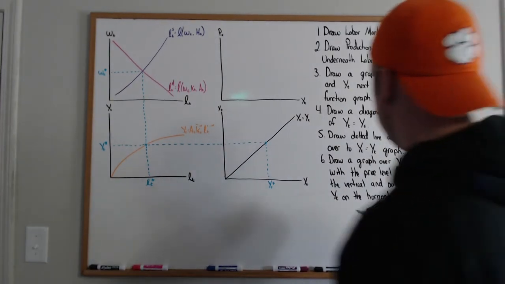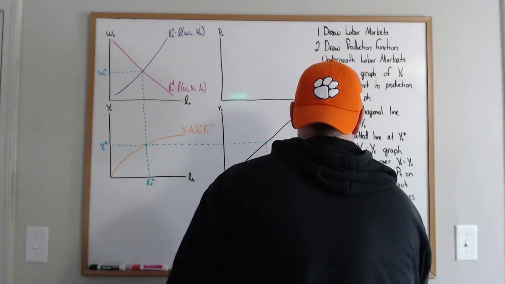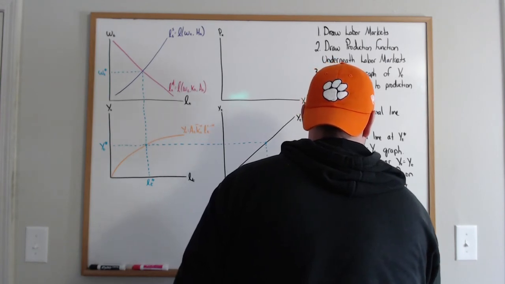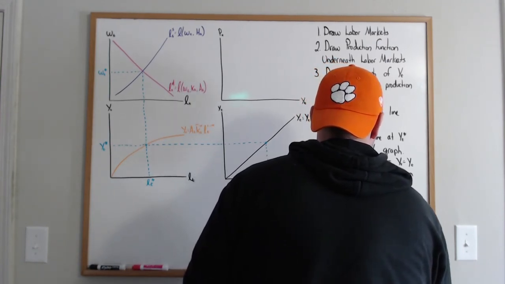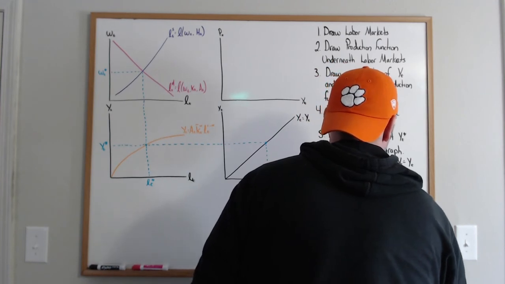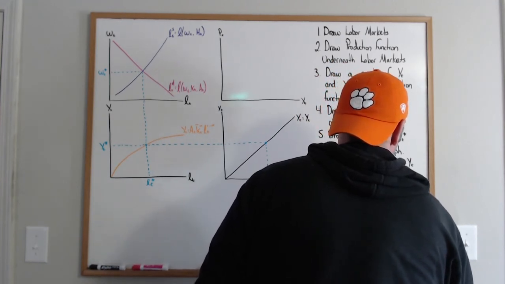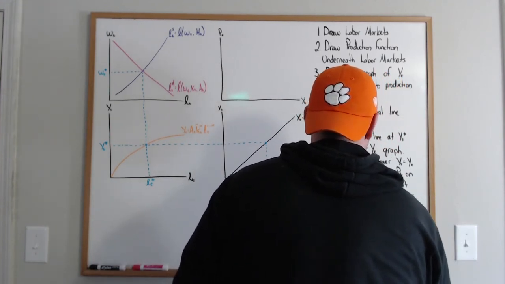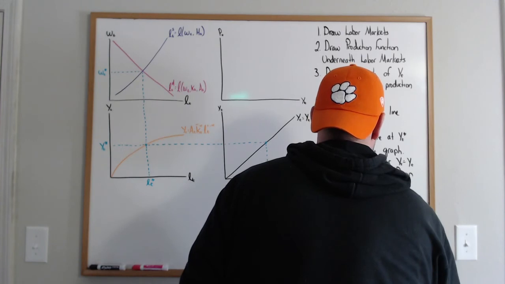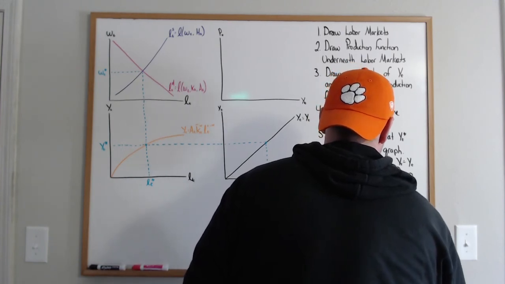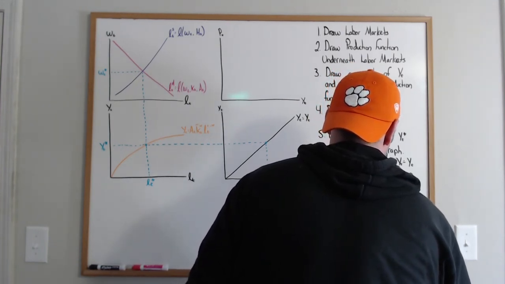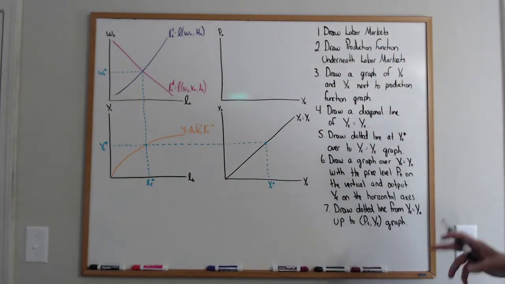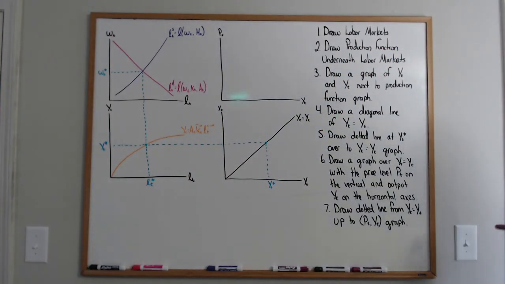And step 7. We draw that dotted line from where Y_t equals Y_t up into P_t Y_t space.